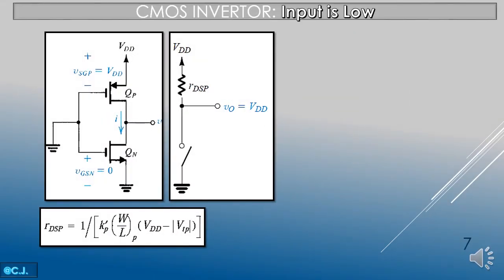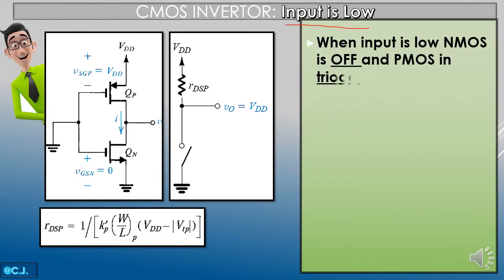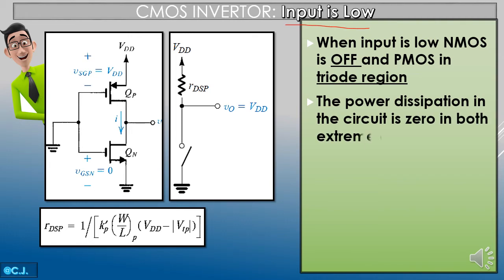Now second case, when input is low. When input is low, the NMOS will be off and PMOS will be in triode region. You know that when V input is 0, it will be off.